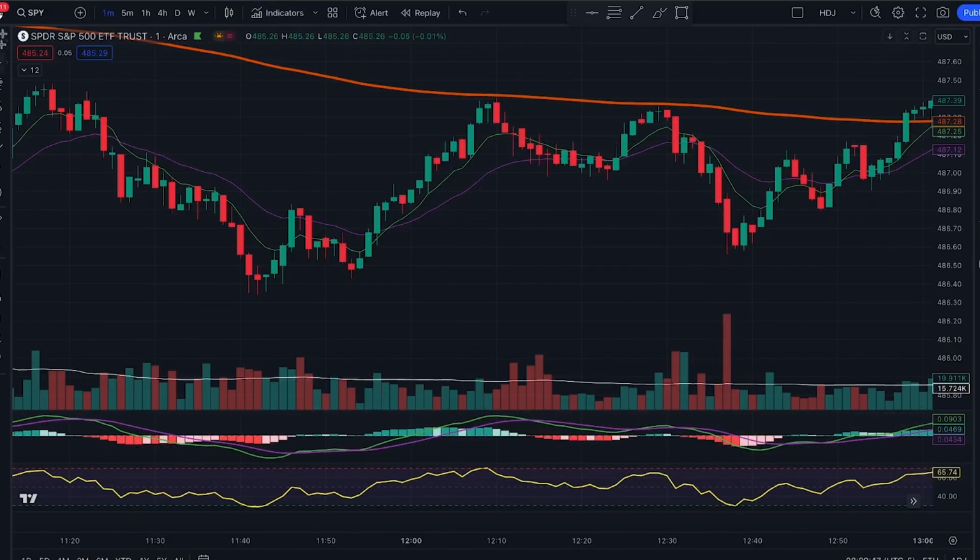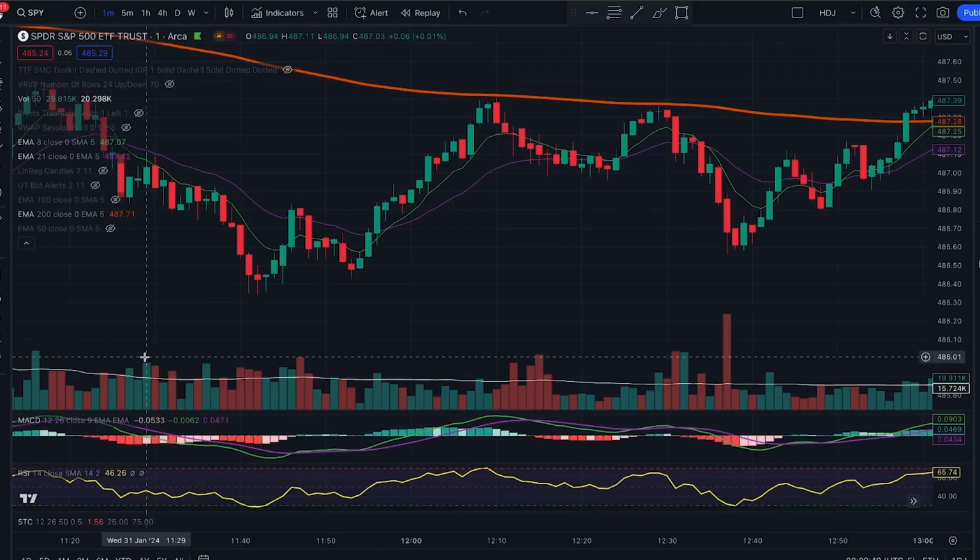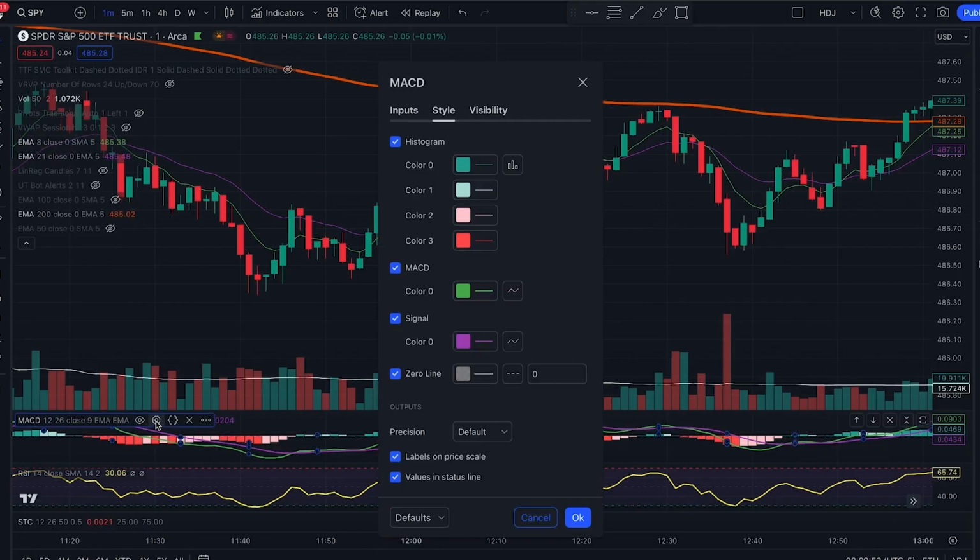So let's go to MACD settings, hit the cog. You can copy my MACD settings. Now I like to keep the color green and purple. All right. So these are the MACD settings. You can add that for inputs.